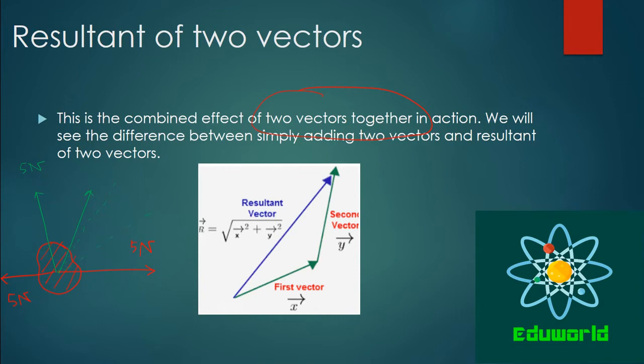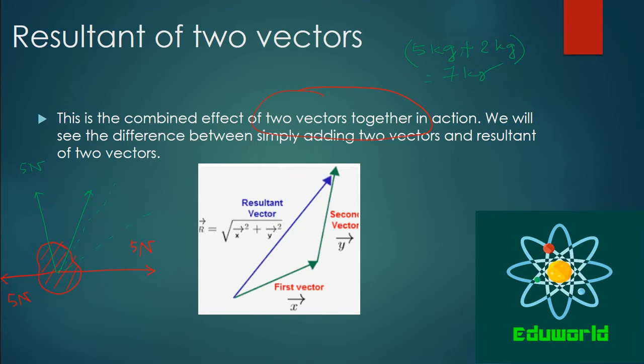When we add two scalars, say you are carrying a bag which weighs 5 kg. Now someone puts 2 kg in your bag, so what will be the total mass of your bag? That will be simply 5 plus 2, that is 7 kg.